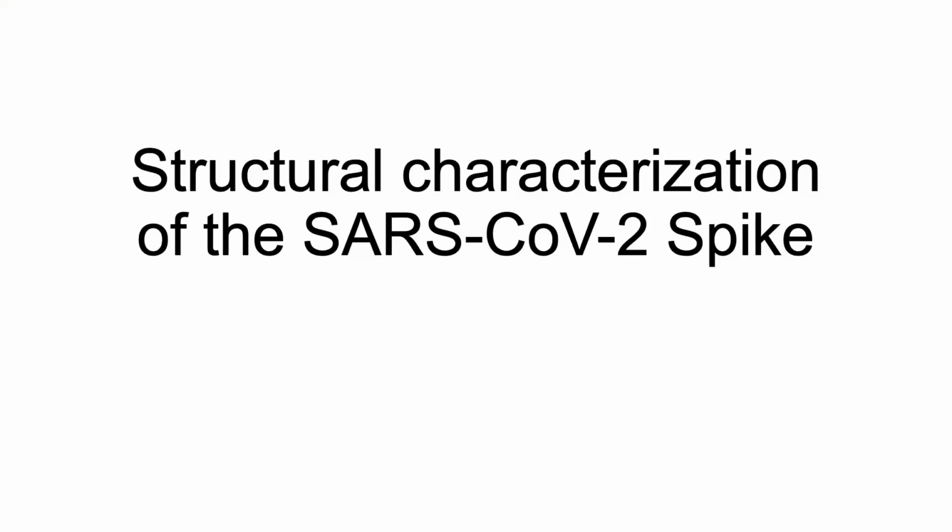And so at the beginning of 2020, as soon as the sequence was released and everyone was able to start characterizing and identifying the SARS coronavirus 2 spike protein, we really got to work to characterize the structure of the spike.